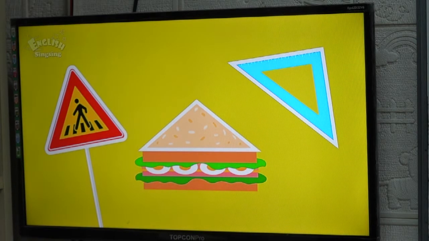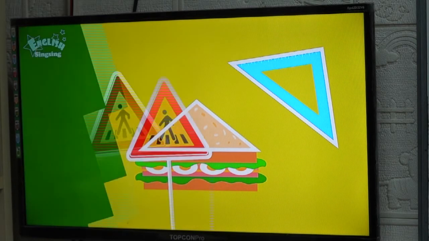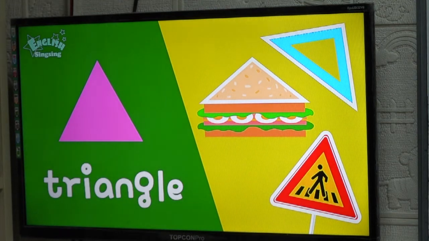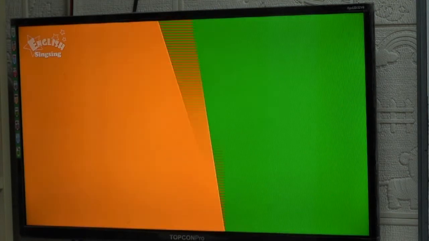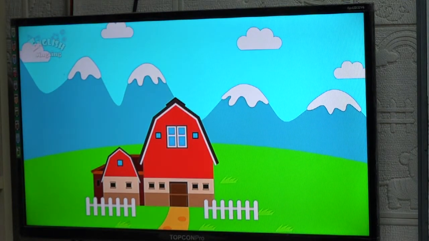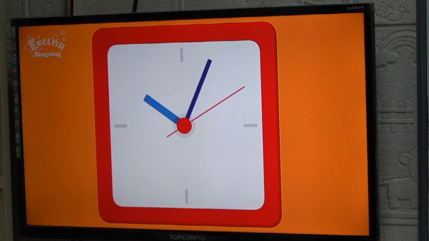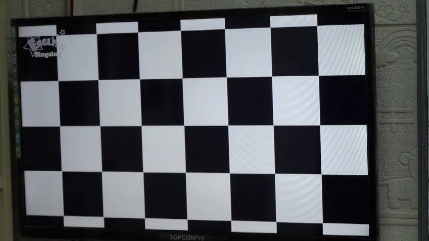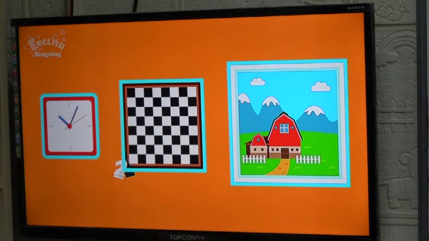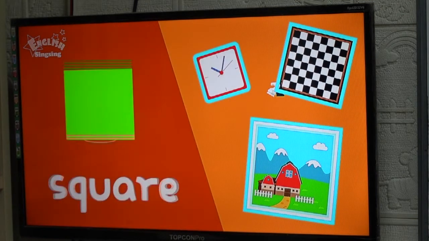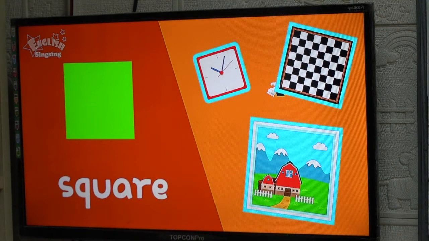These shapes are triangles. Triangle, triangle, triangle. These shapes are squares. Square, square, square.